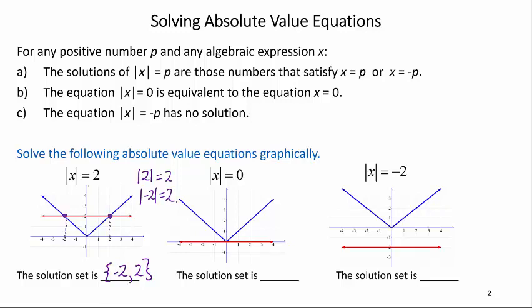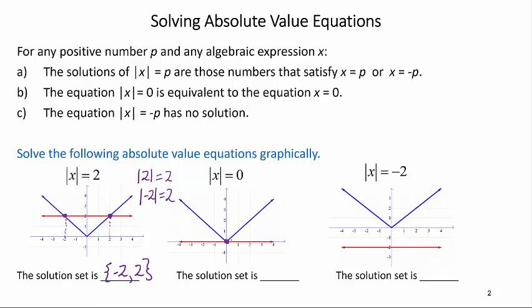Another element of this, if we look at part B above, says the equation absolute value of x equals 0 is equivalent to the equation x equals 0. Down below, I have that the absolute value of x is equal to 0. If we look at that graphically, the absolute value of x graph touches the x-axis right at the origin, at the point 0, 0.